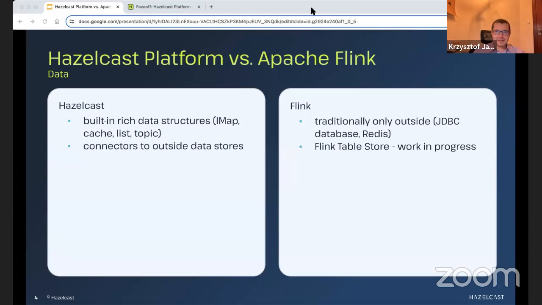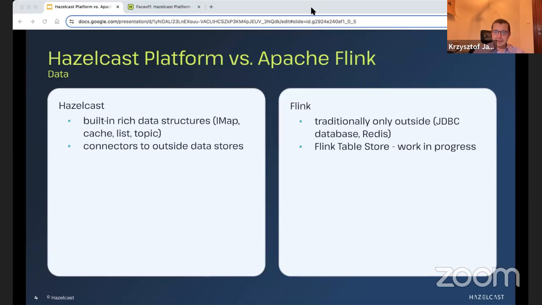They are very convenient to access, and they are very fast because they are just at hand in the same cluster where the stream processing happens. But you can also use external data stores like a JDBC database, Elasticsearch, or MongoDB. You can also get data from those.